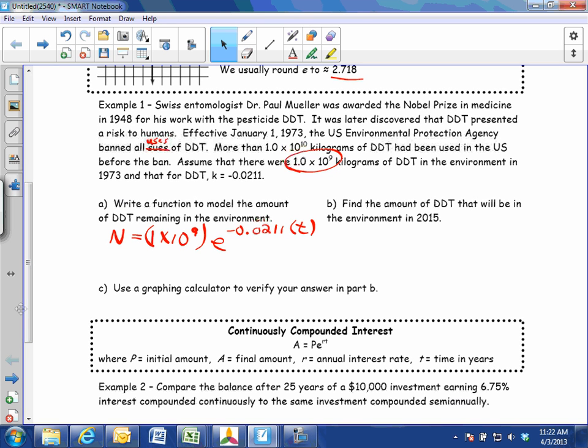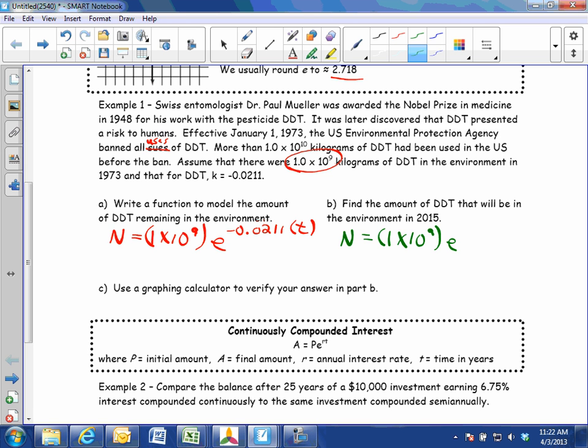Okay, so on part B it says find the amount of DDT that will be in the environment in 2050. So we're going to use our lovely function that we set up here. When we have t, are we going to put in 2 or 2050?